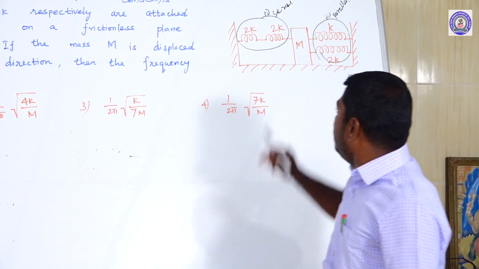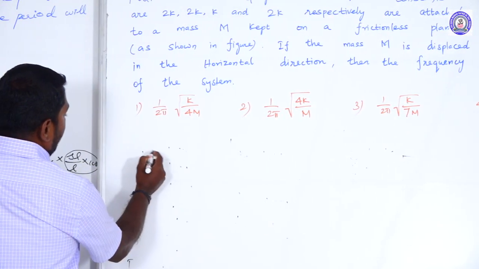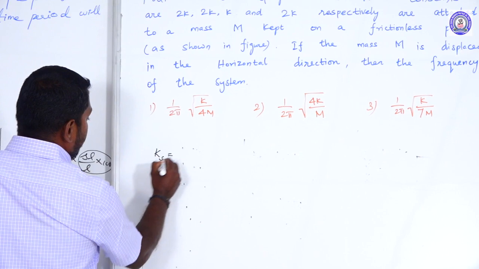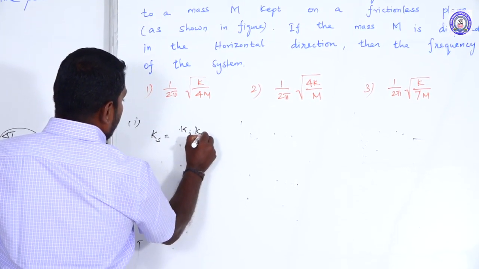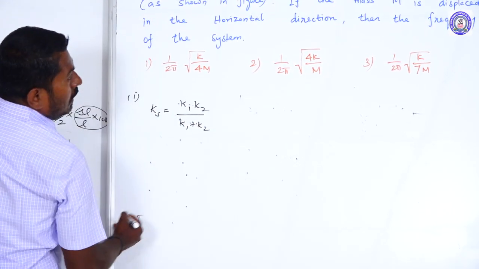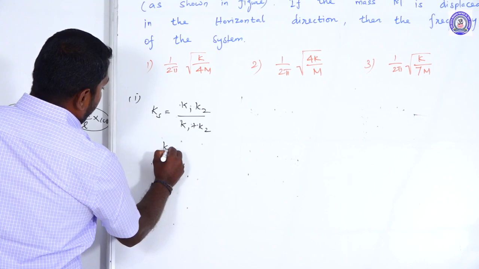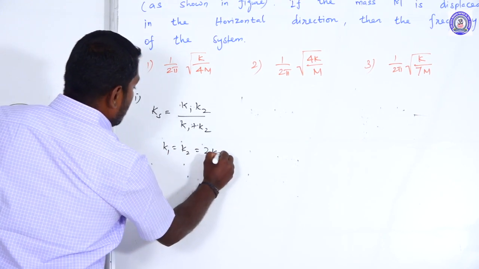First we are going to see about 2k and 2k connected in series. Effective spring constant connected in series in first configuration, k is equal to k1 k2 divided by k1 plus k2. Here k1 is equal to k2 is equal to 2k.